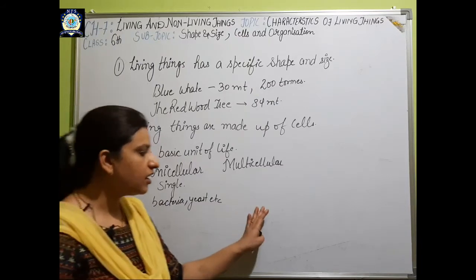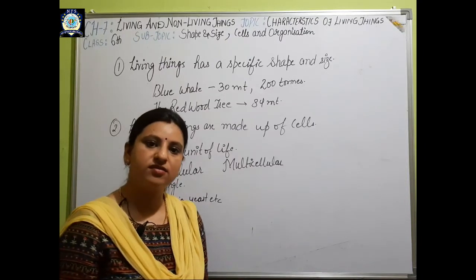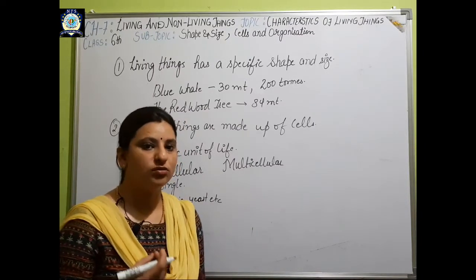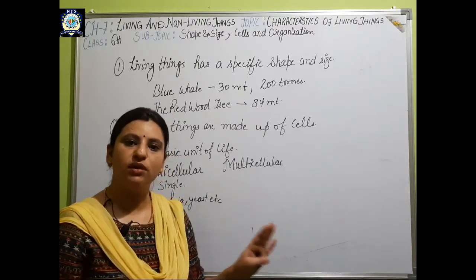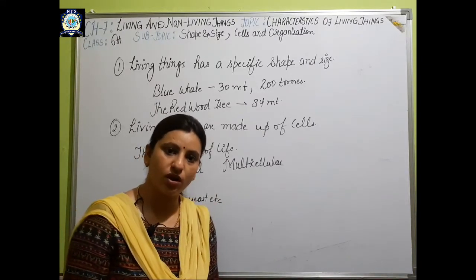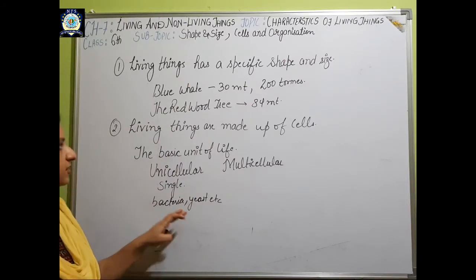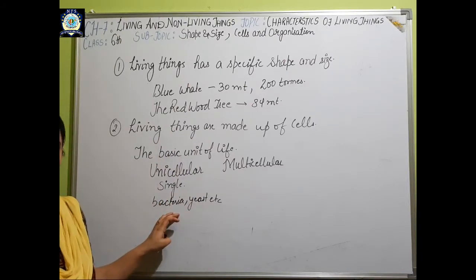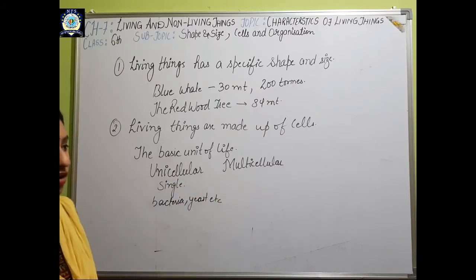And in case of multicellular organisms, a newborn baby consists of up to 2000 million cells. So a multicellular organism body consists of millions and trillions of cells. So this is all about the cells, that the living things are made up of cells, and two types of organisms, unicellular and multicellular.